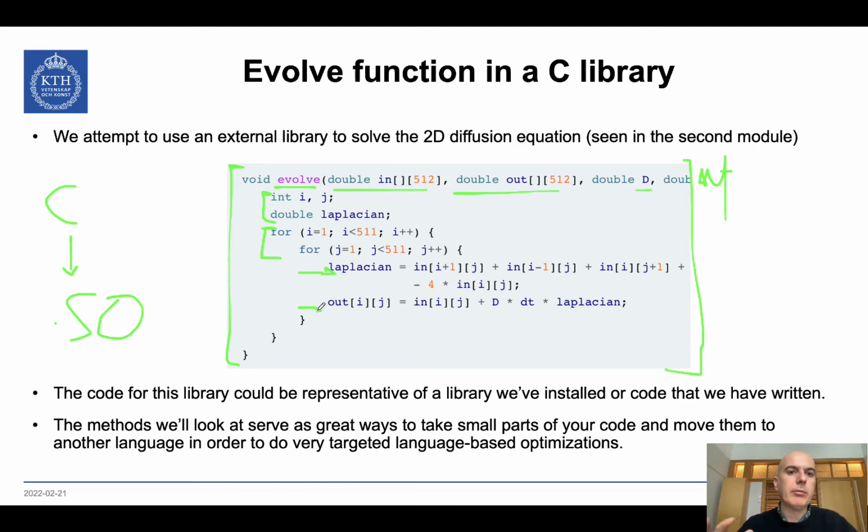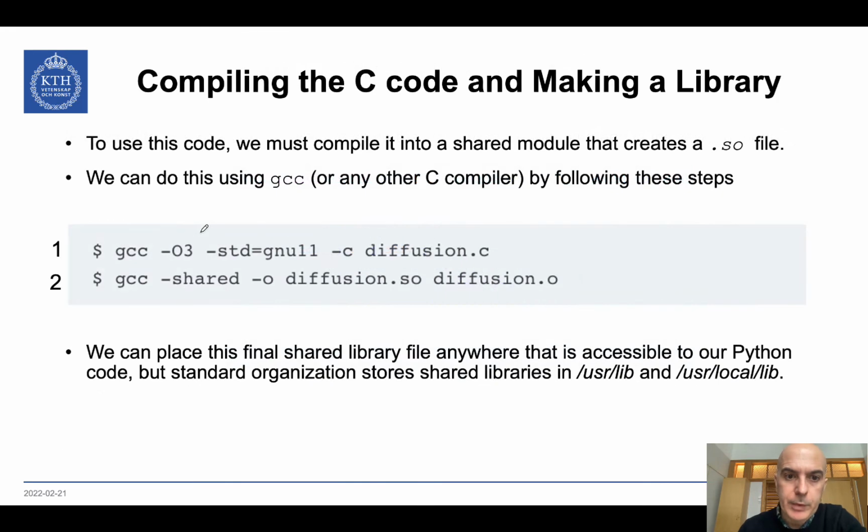So now the problem is that I have this C code, and I want to make a library and then call it from Python. We wrote this C code, and the next step is to make a library. To make a library, we need to follow two steps. First, we need a GCC compiler, or any C compiler.